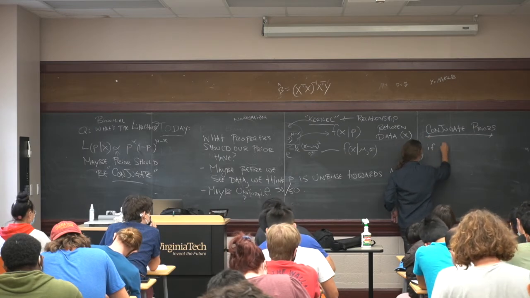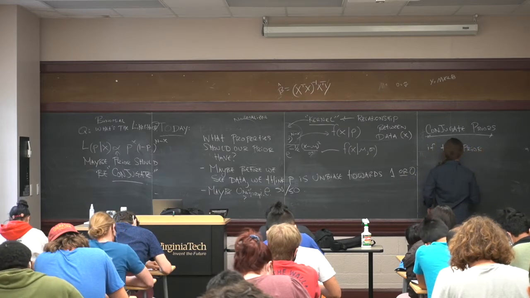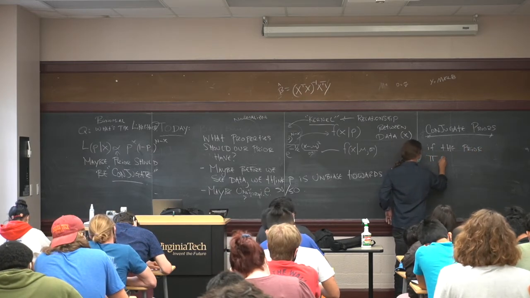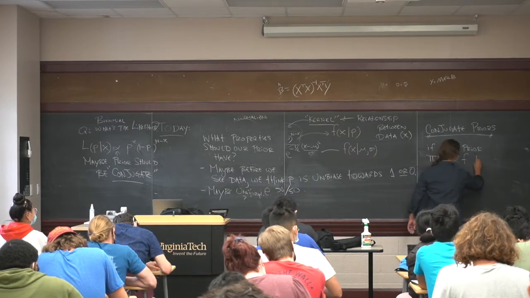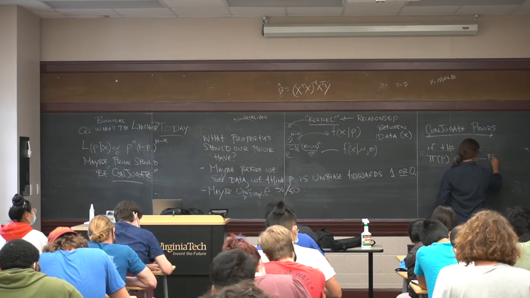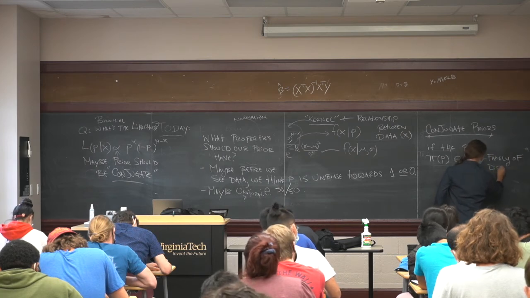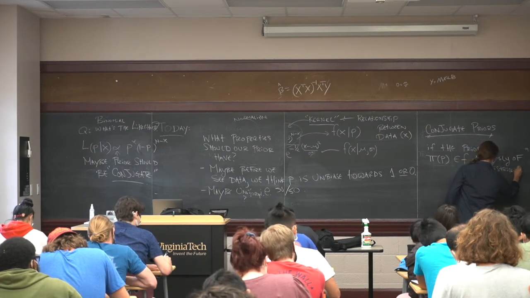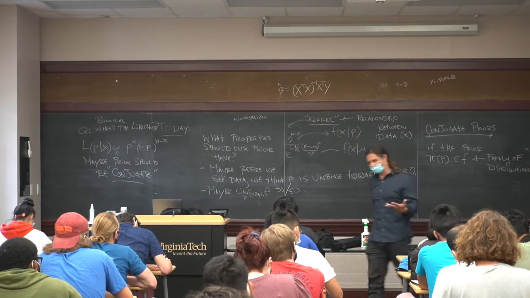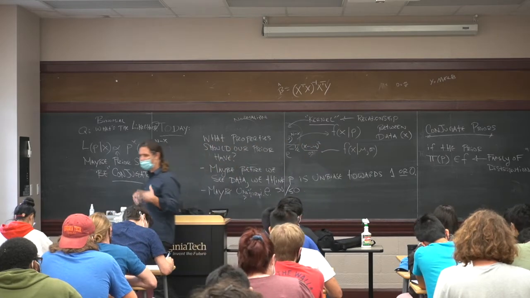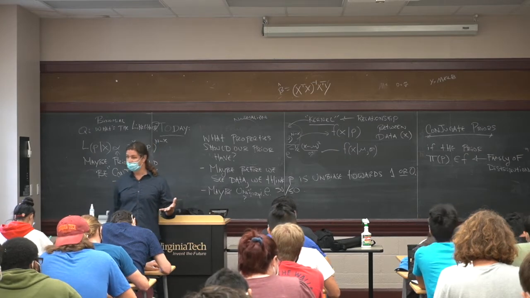If the prior, I'm going to write this down as pi(p), is an element of some family of distributions. Now, I don't mean something like the exponential family. That's a family of families. That's too big. What I mean by family is something like binomial, normal.